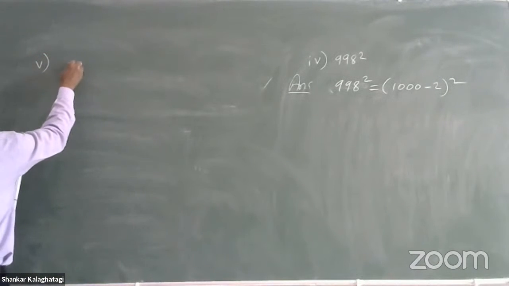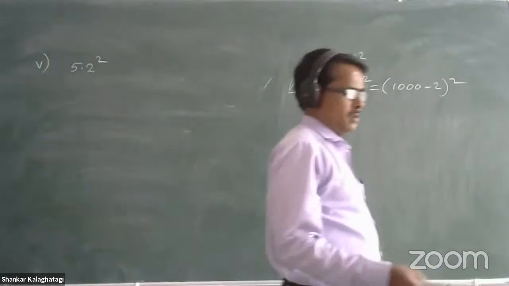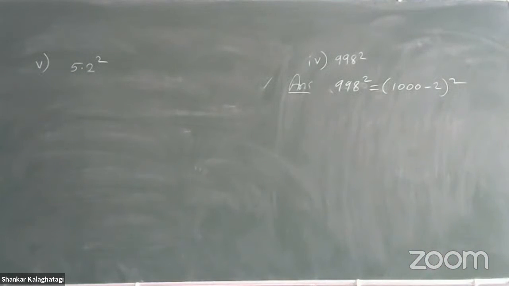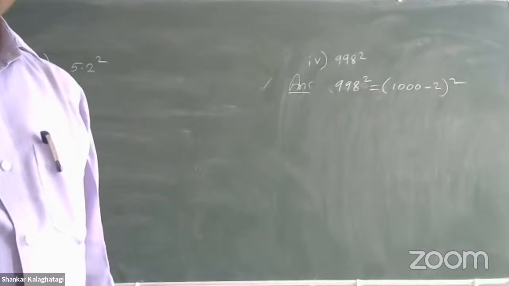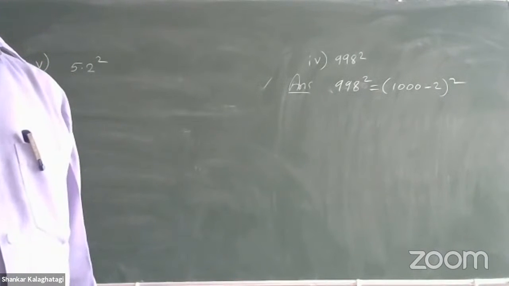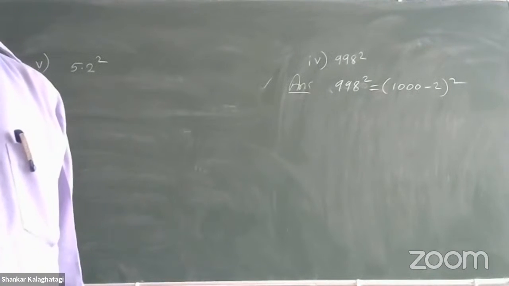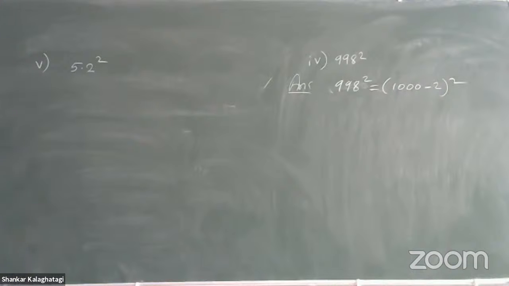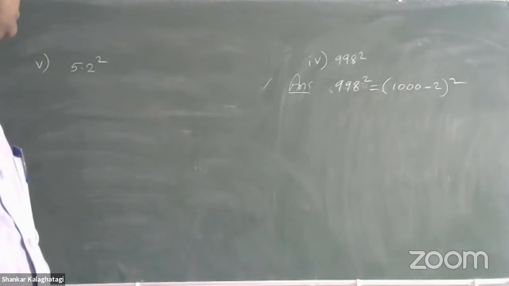Fifth one, 5.2 square. Did any of you get the answer? Wait, sir, five minutes. 27.04, sir.